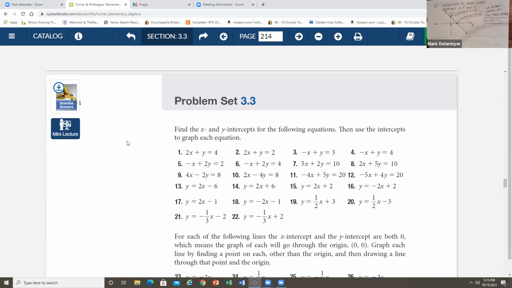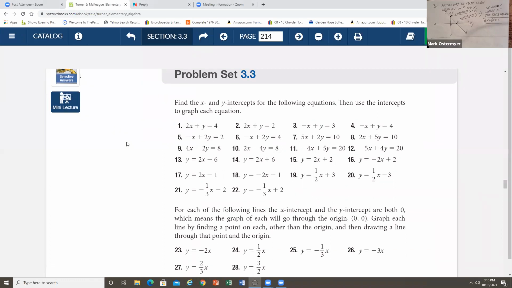For this first set of problems, 1 through 22, they give you a linear equation and want you to compute the x and the y intercepts, and then use those intercepts to actually graph the equation. So, see if we can do a couple of these here.